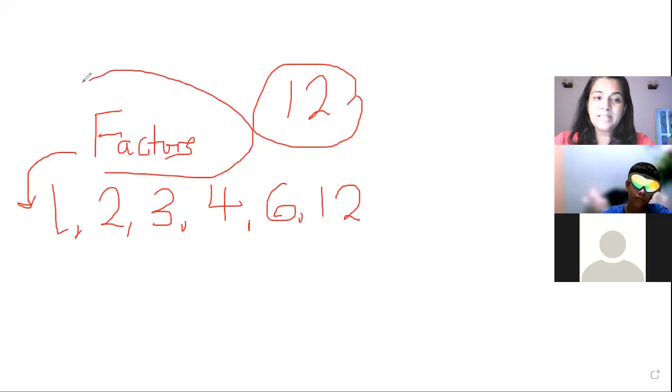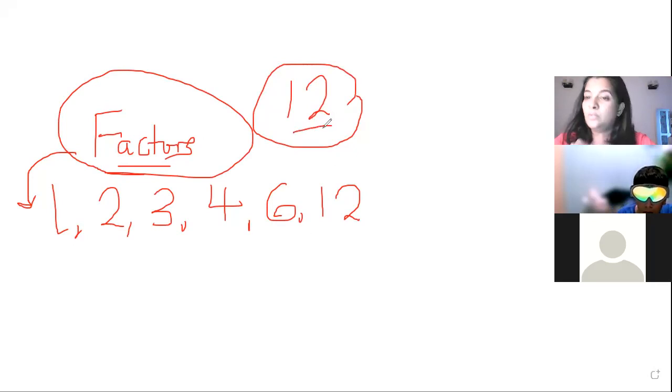Okay, so if these are factors, can we now summarize what is factors? Can somebody tell me what are exactly factors? If this is the example of factors for 12, then what exactly are factors? Numbers that you can divide 12 with.